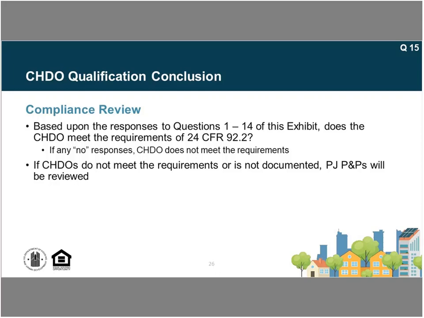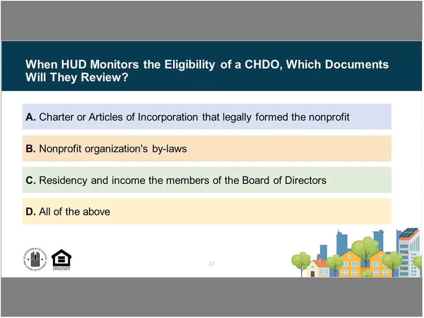Are the PJ's policies and procedures with regard to CHDO qualification adequate? Or was this just a unique case where the CHDO didn't meet something when it originally did? They will be looking further into this if any of the CHDO files that they review do not support qualification as a CHDO. So that is what HUD looks at when they look at CHDO qualification.